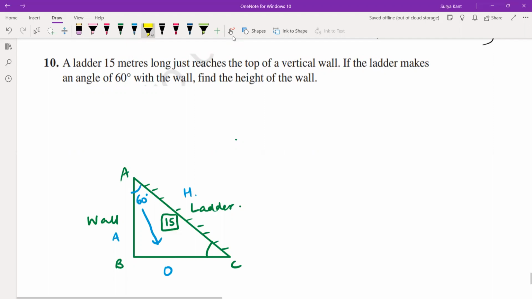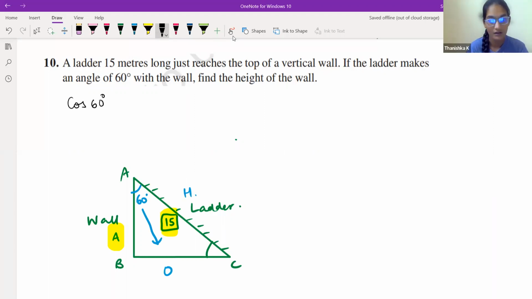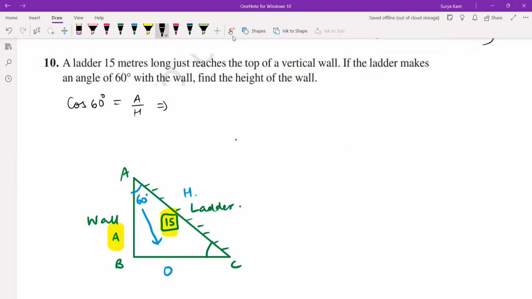So here we know the hypotenuse and we have to find the adjacent. The relationship between adjacent and hypotenuse is cos theta. Cos 60 degrees is A by H. 1 by 2 is equal to A by 15. So A is equal to 15 by 2, that is 7.5 meters.